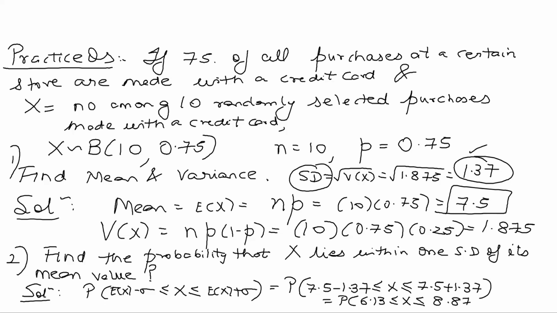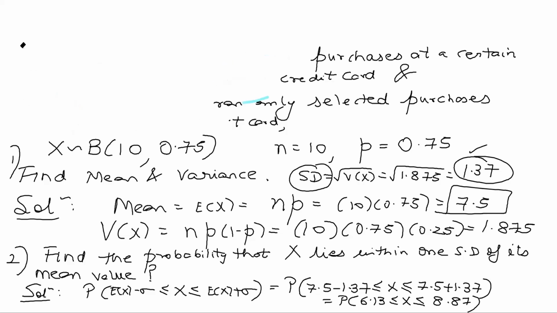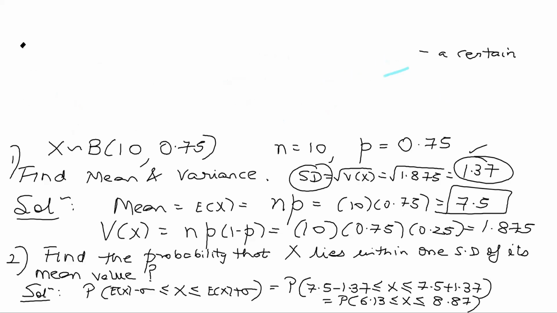So X lies between 6.13 and 8.87. What will be the probability of X lying between 6.13 and 8.87?